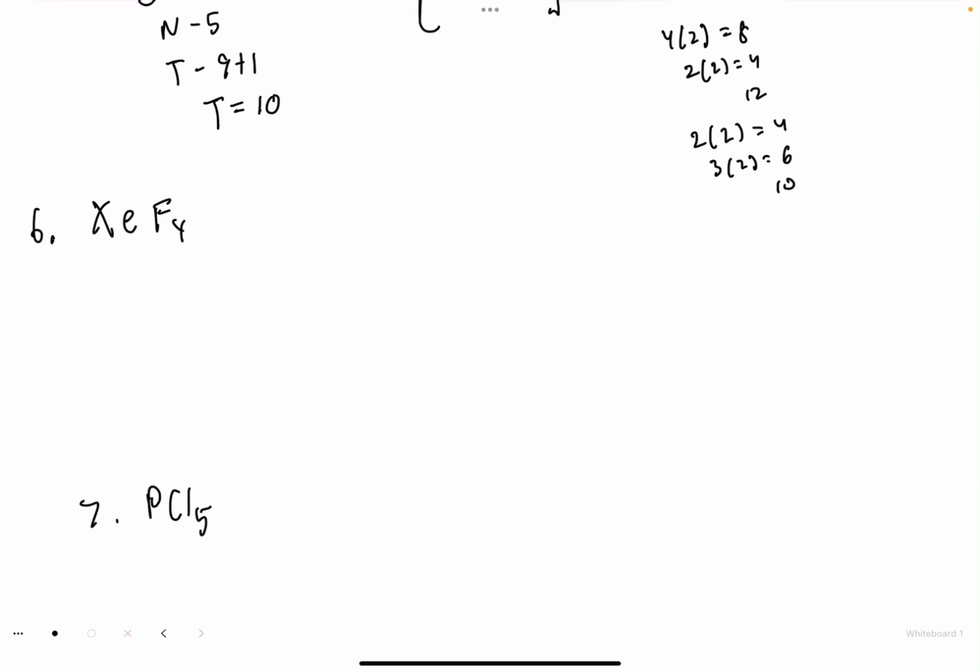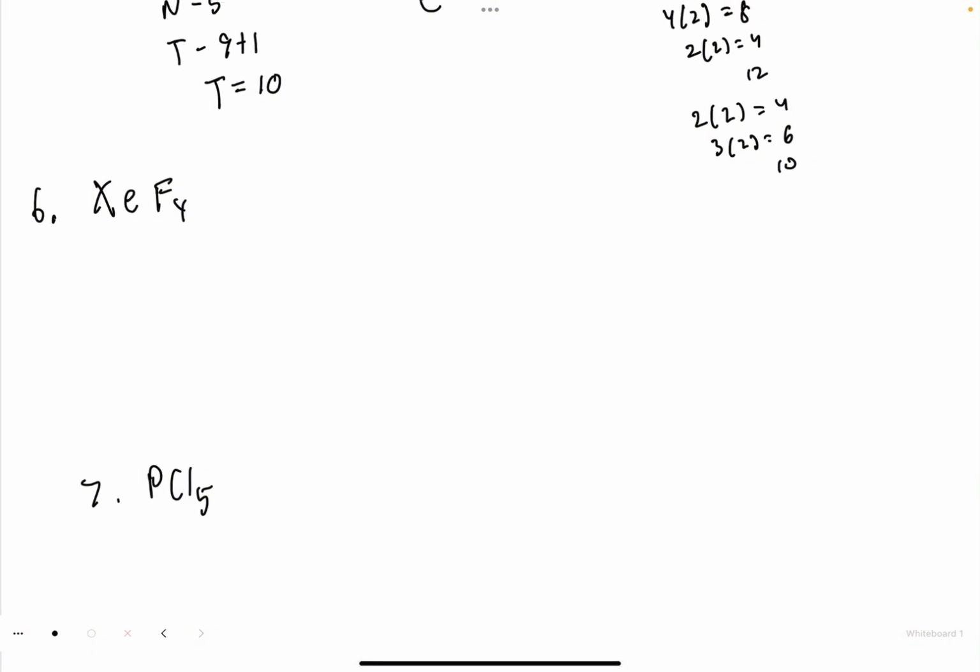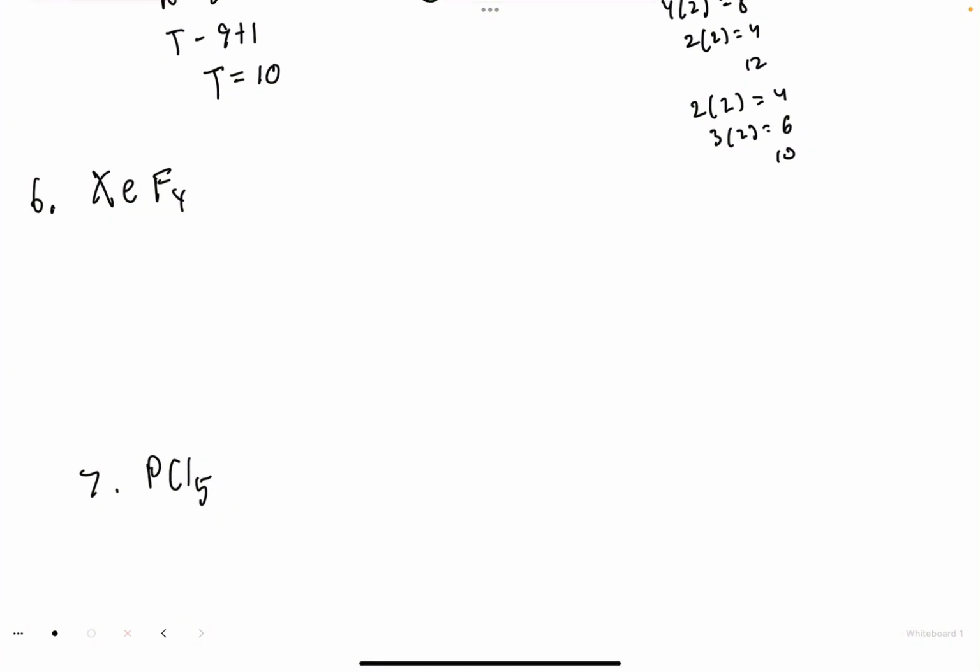So number 6, XeF4. In this one, we have a clear winner for the central atom and the terminals. Fluorine is the terminal, but we have to count. One of my bad habits is I don't count. Sometimes I get ahead of myself.